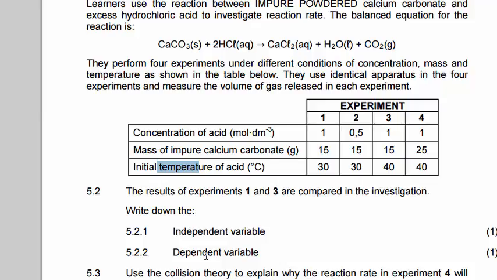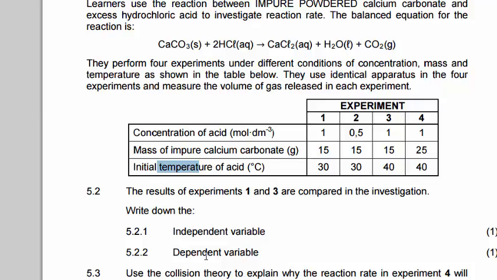Which one is depending on the other one, and which one is independent of the other one? Temperature is independent. So again, temperature is the thing that I would change, because I changed as the experimenter the independent variable. The dependent variable is the variable that changes because of a change that I've made.